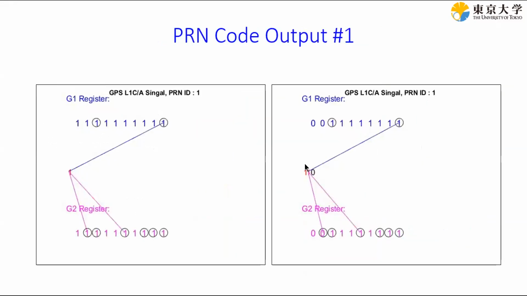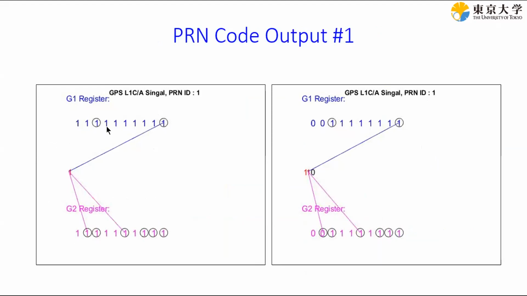Now I have a simulation, an animation, to show you how this is done. But I don't do all of this today, so you can later download the files and see for yourself. For example, we have two taps here, and initially they are set with 1, 1, 1, 1, like this.